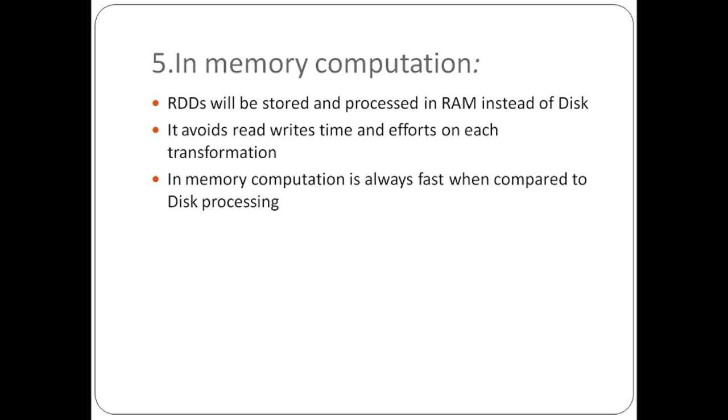For example, if you take Hadoop, the algorithm inside is MapReduce, right? MapReduce, for every transformation, the intermediate results will be saved into the disk instead of memory. So reading and writing to the disk takes a lot of time. So Hadoop is always slow.